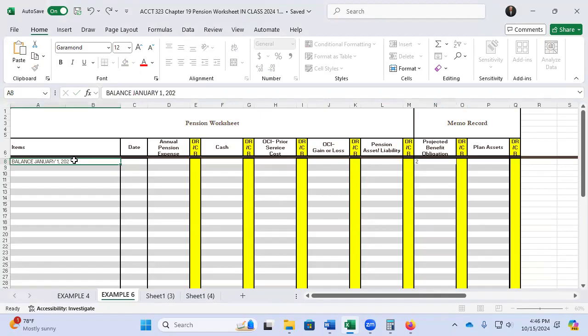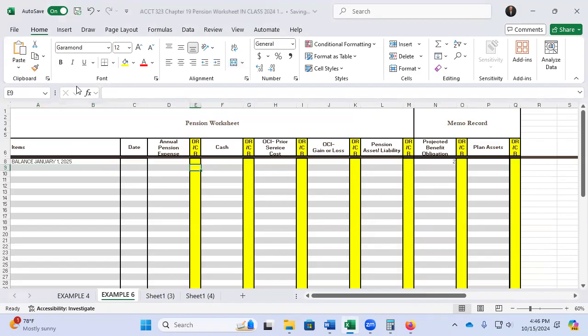Okay, so the balance January 1, 2025. And it tells us our projected benefit obligation is 1,255,000.